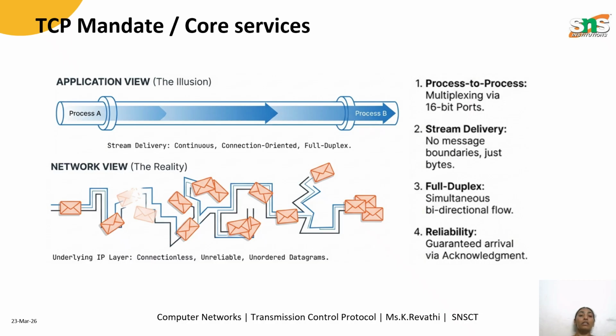The main responsibilities of TCP include reliable data transmission, error detection and correction, flow control, congestion control, and sequencing of data. To manage all these tasks, TCP uses a special structure called the TCP header. The TCP header contains important information that helps both systems manage communication efficiently.